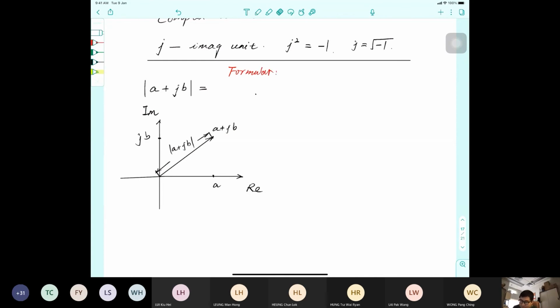The formula is the square root of (a plus jb) times (a minus jb), which equals the square root of a squared plus b squared.